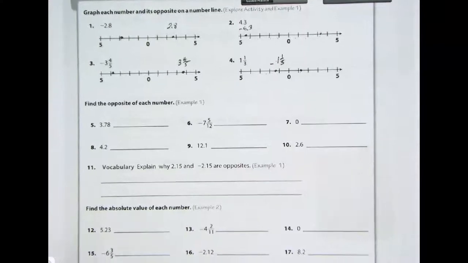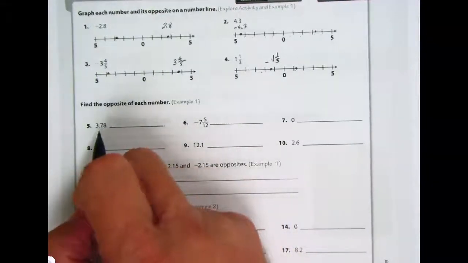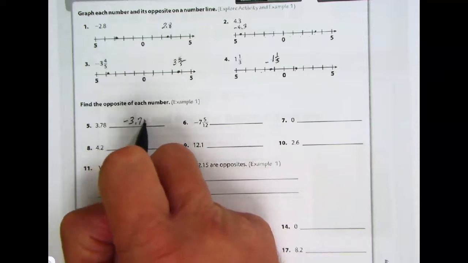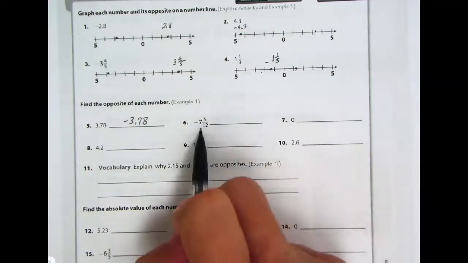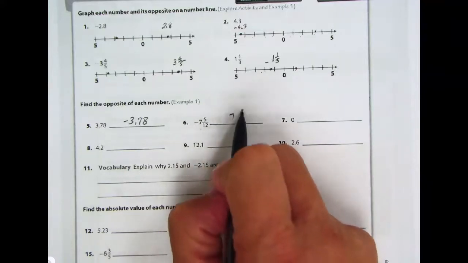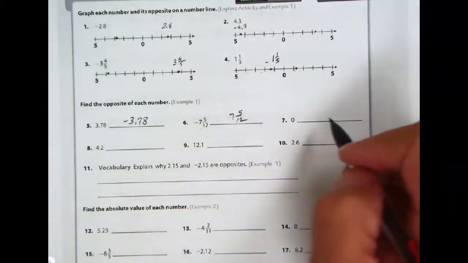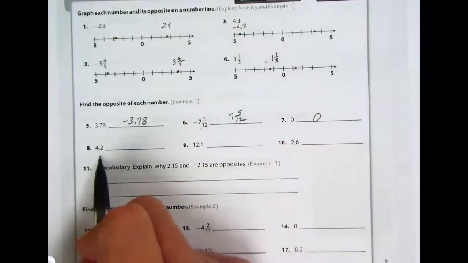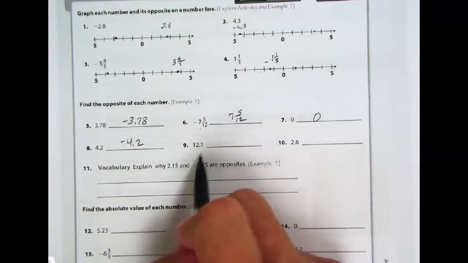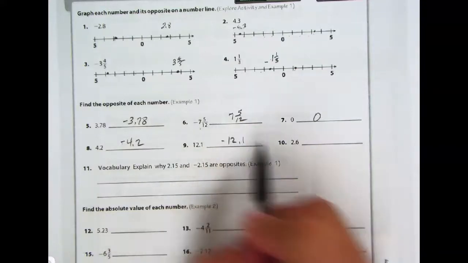And here it says find the opposite of each number. Opposite of 3 7/800 would be negative 3 7/800. Opposite of negative 7 5/12 would be positive 7 5/12. Opposite of 0.4 2/10 would be negative 4 2/10. 12.1 would be negative 12.1.